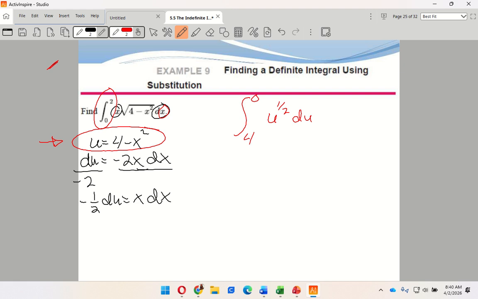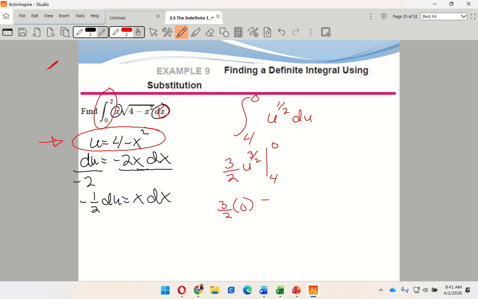Okay, so let's go ahead and take a look now. Same steps. It was 3 over 2 u to the 3 over 2 from 4 to 0. So top minus bottom. The top gives me 0, so it's times 0.